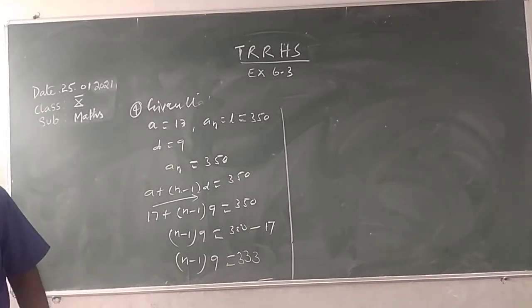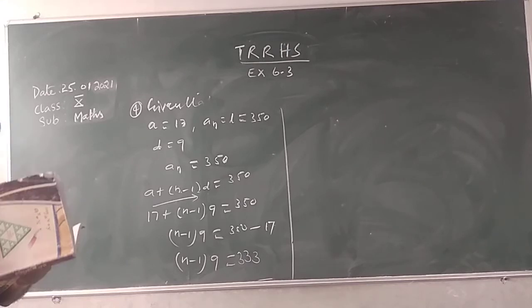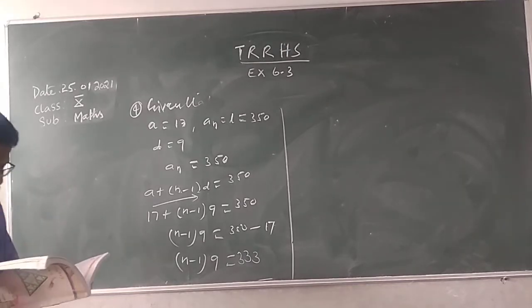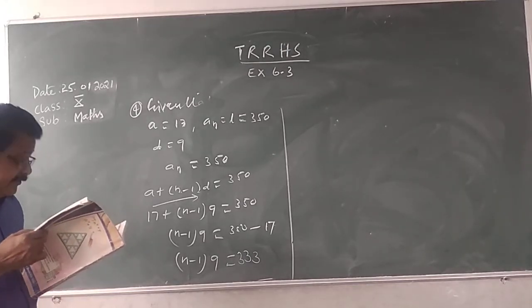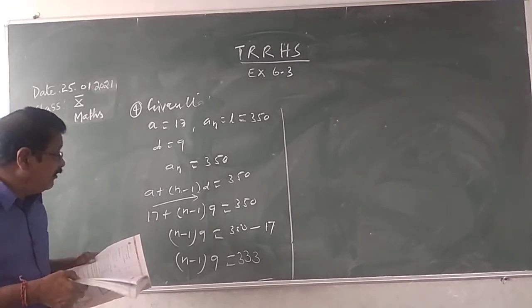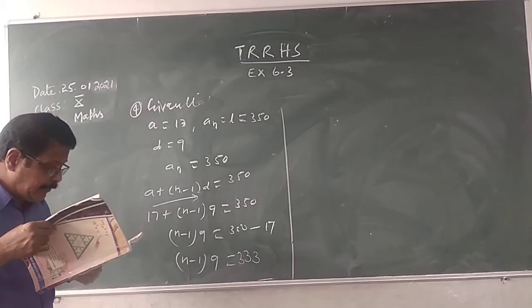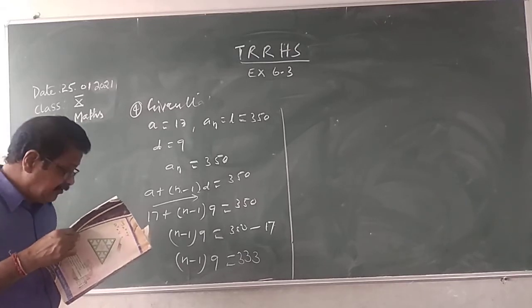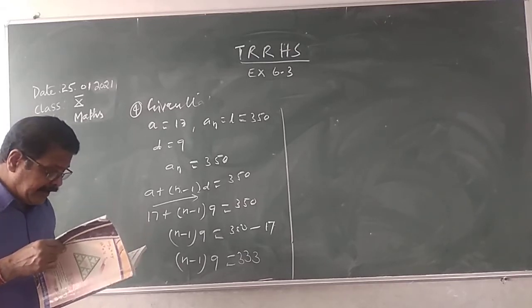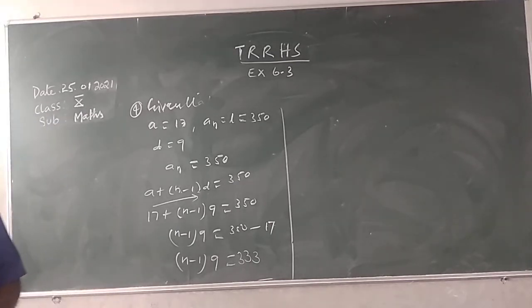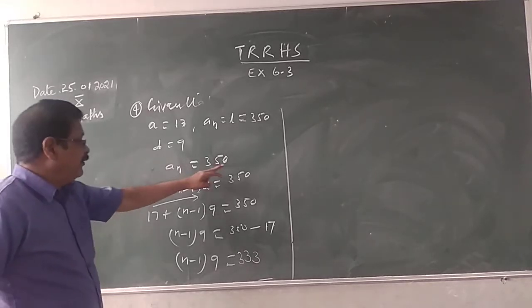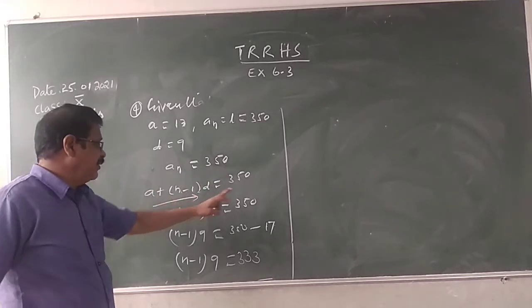How many terms are there and what is their sum? The first term is 17, the last term is 350, and the common difference is 9. A plus (n minus 1) D equal to 350.